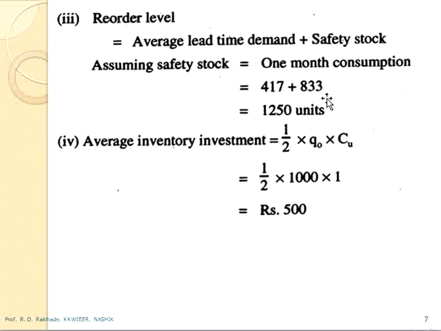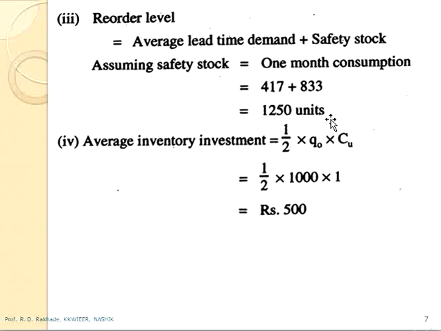So we just add this 833 to average lead time demand, and we will get 1250 units. Means after considering safety stock, if in stock we have 1250 units, then we need to reorder our inventory.